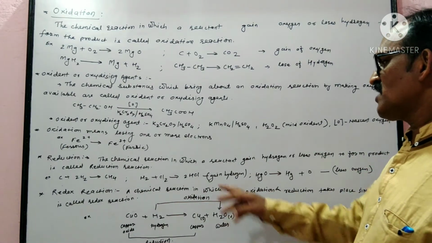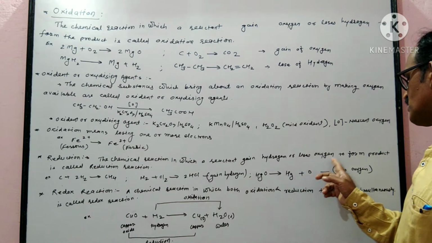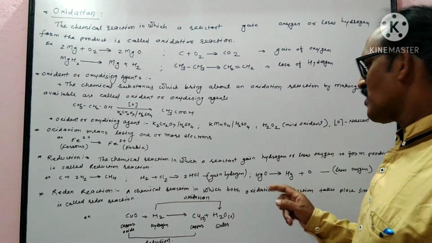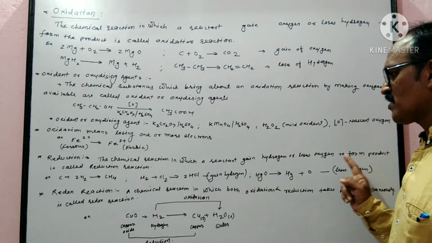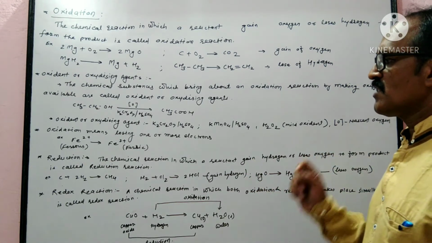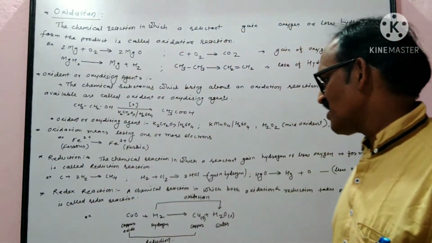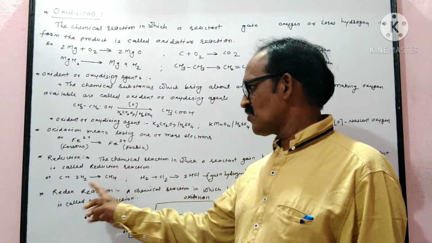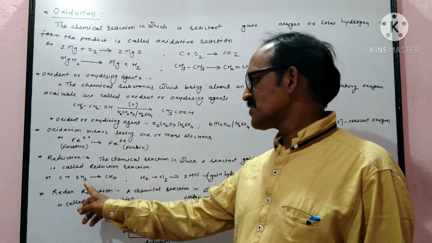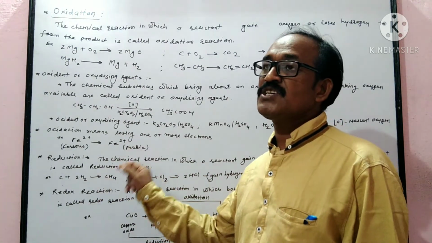A chemical reaction in which a reactant gains hydrogen or loses oxygen to form the product is called a reduction reaction. You can see this example: carbon plus hydrogen forms methane, CH4.